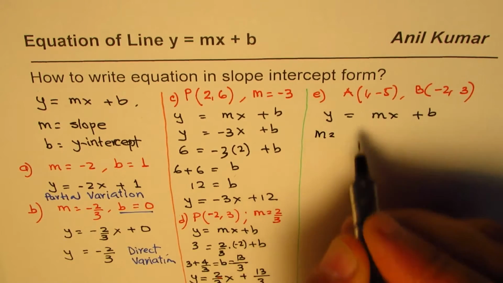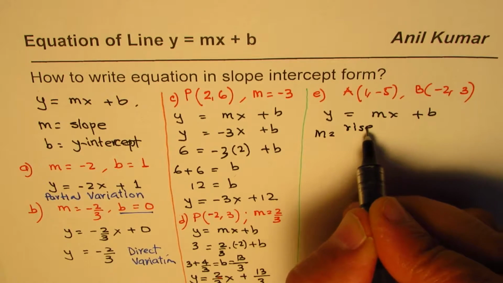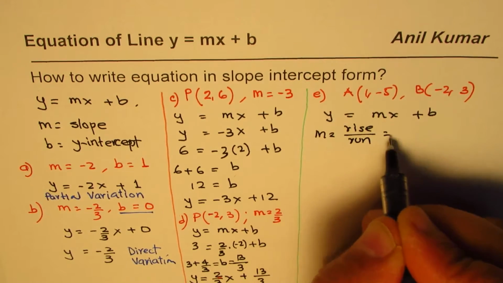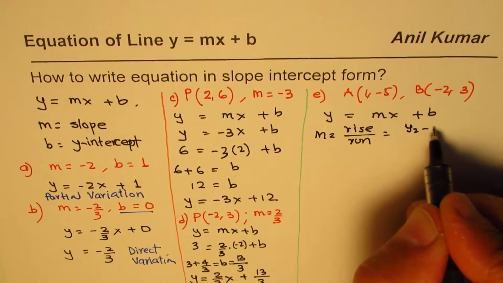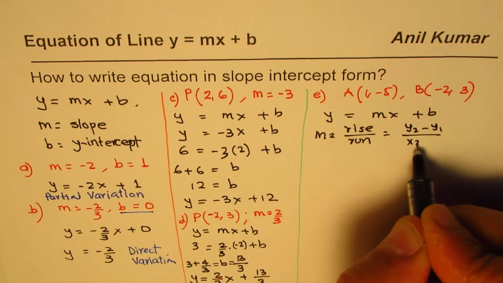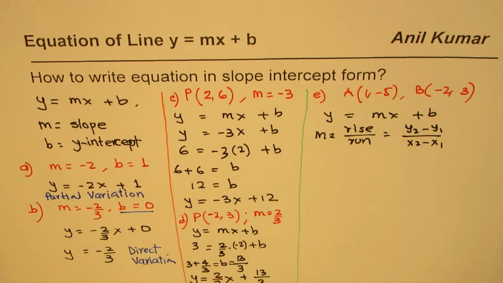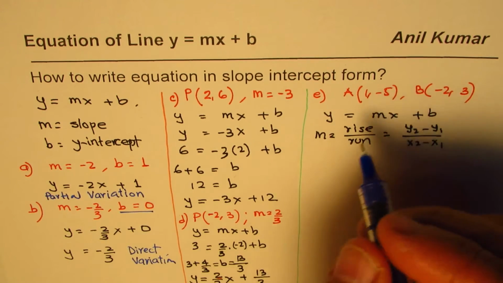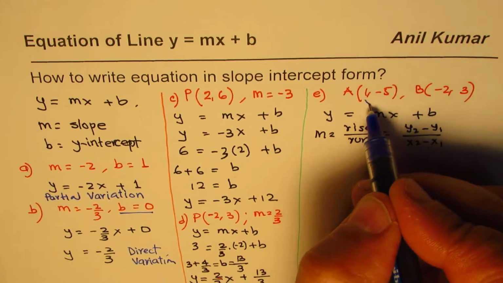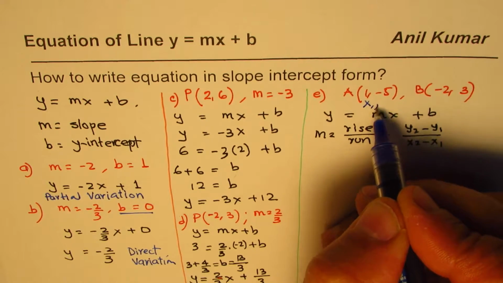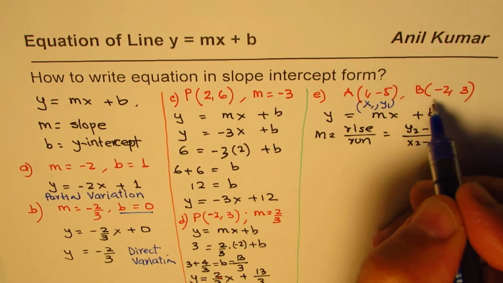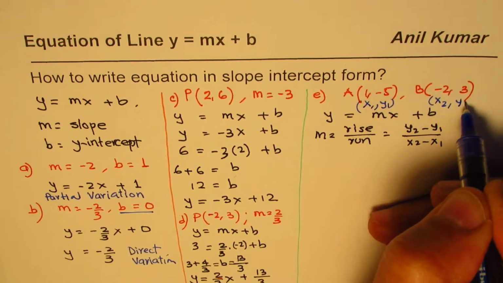What is slope? Slope is rise over run, which you could also write as y2 minus y1 over x2 minus x1, right? So here when we say y2, y1, x2, x1, what does it mean? The first point, we take these coordinates as x1, y1, okay? The second set, we call them x2, y2, right?